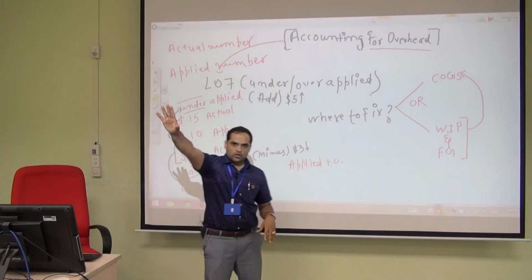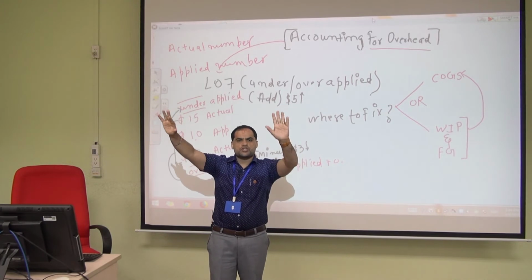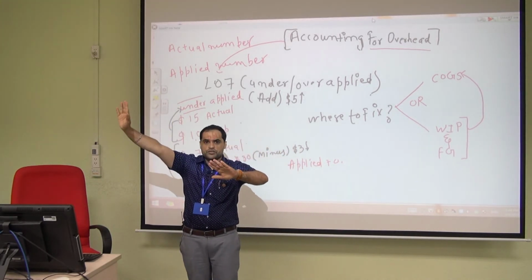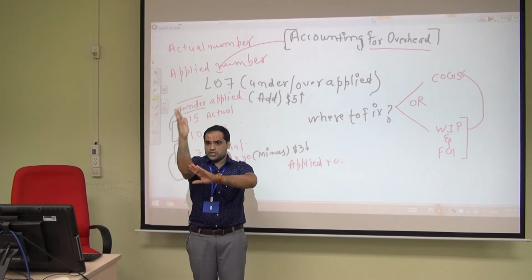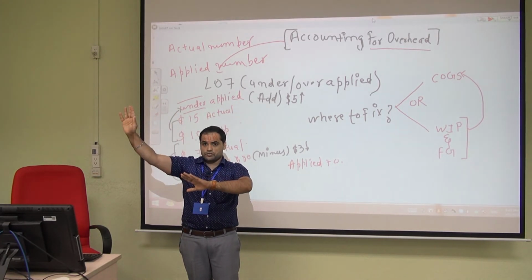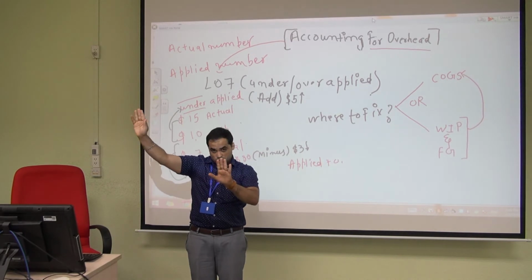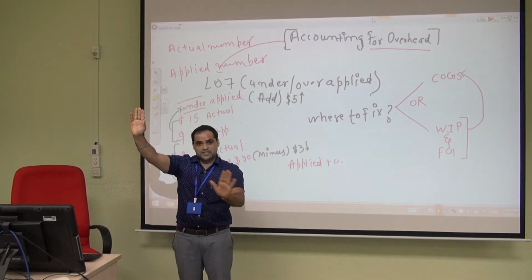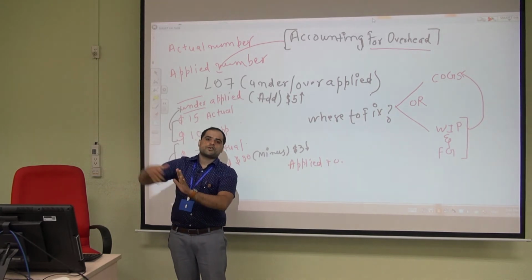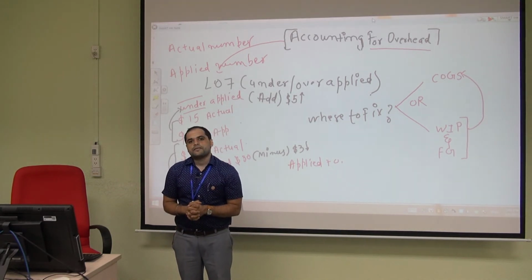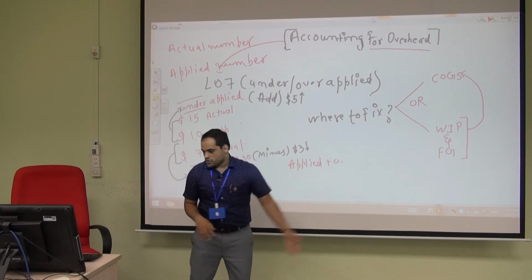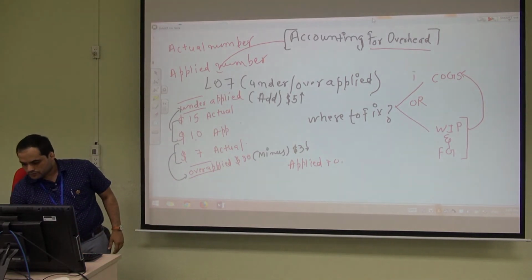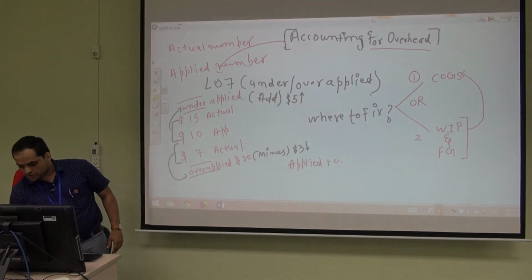So you have two options. You can change your cost of goods sold only, without needing to change working process and finished goods. Or you change your working process and finished goods, in which case your cost of goods sold is going to change too. Either option 1 or option 2.